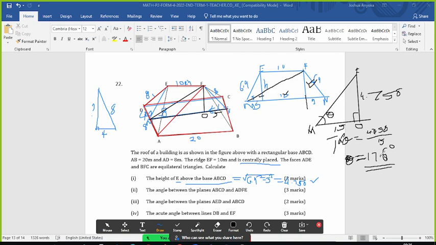So if you round off, it can be 17.6. Are we in agreement?